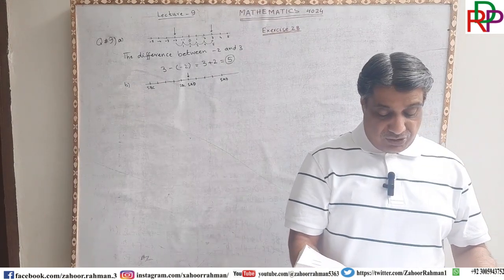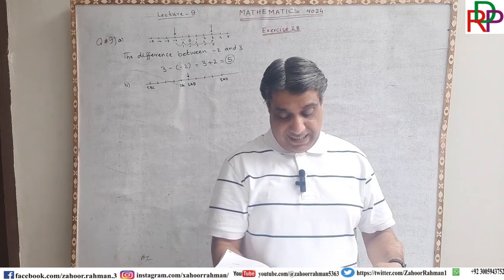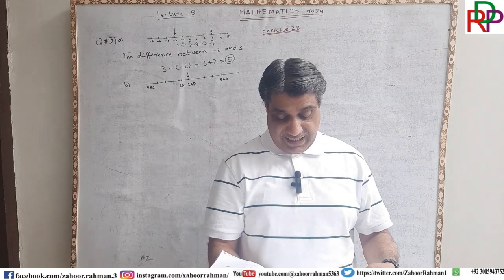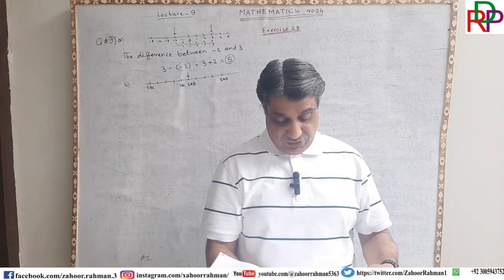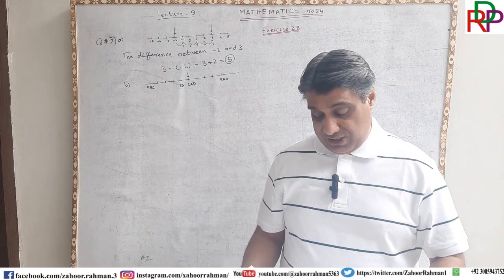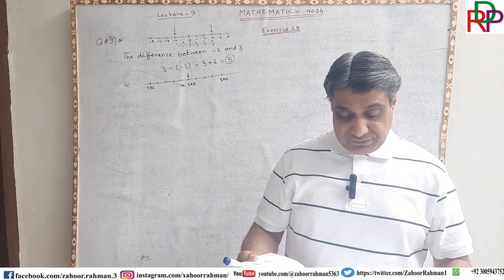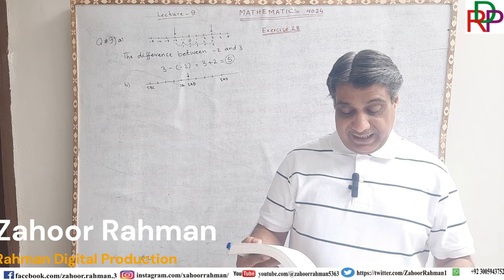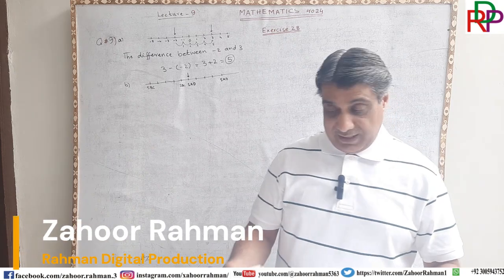This is the whole story. And what is the main difference between the timeline for BC and AD and the number line?